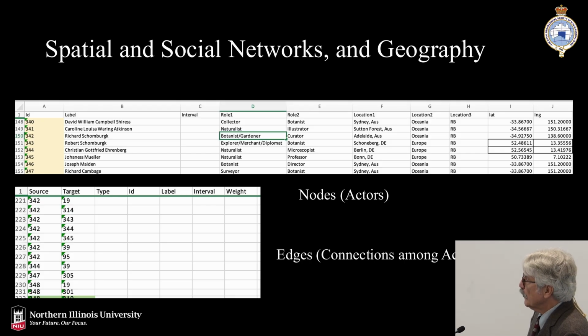But anyway, I classified different kinds of locations, and location 3 is really who I started off with, which was Robert Brown. He was on the Investigator with Matthew Flinders. So I start off with him. He's a big guy, although he ends up in England, but he contributed a lot.